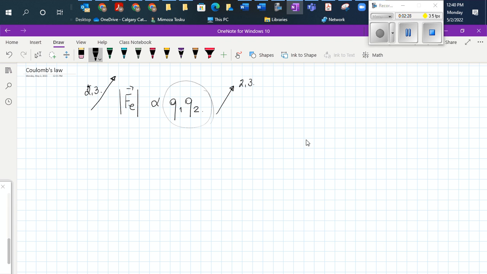Now, if one of the charges is increased by 1.5 and the other one is increased by 2.0, then the product of the two will result in an increase of 3.0, which will result in the magnitude of the electrostatic force increasing by 3.0.